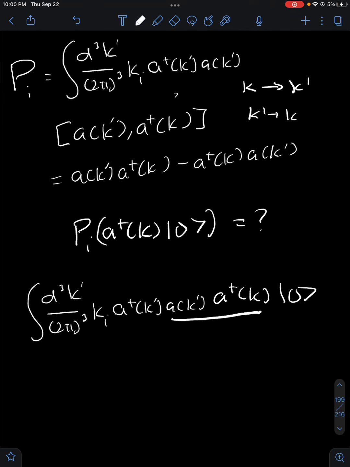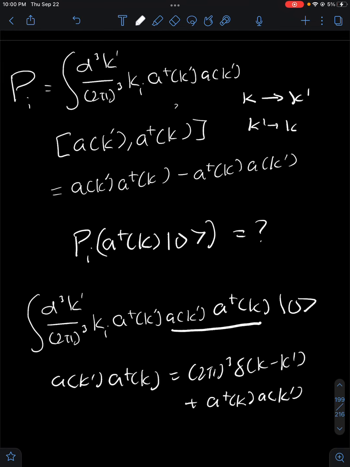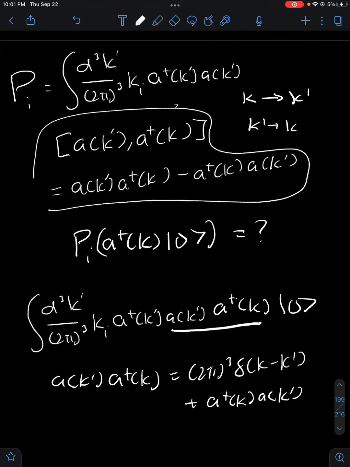Remember that a of k prime a conjugate k equals 2 pi cubed delta k minus k prime plus a conjugate k a of k prime, and that follows from here, right?